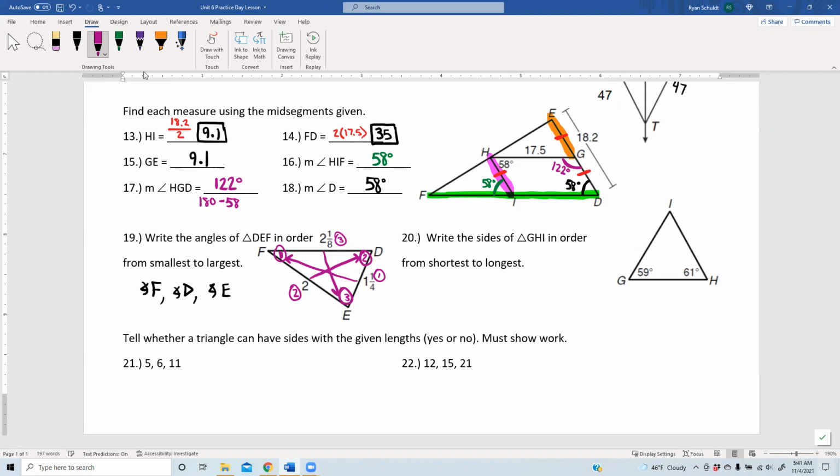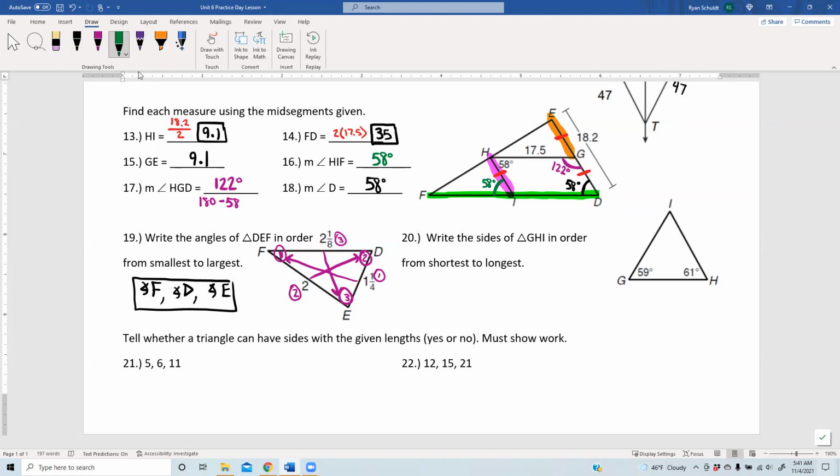Okay, 20. Write the sides of triangle GHI in order from shortest to longest. So now we're dealing with the sides, meaning they, to an extent, give us the angles. They don't give us all of them, though. We've got to find angle I. So how do we find the third angle?